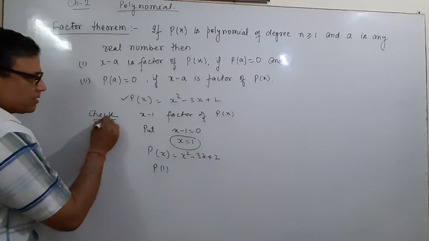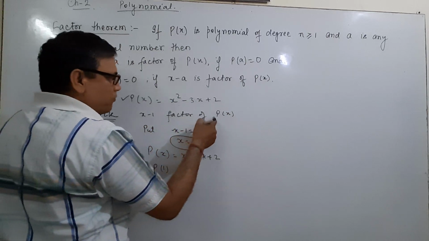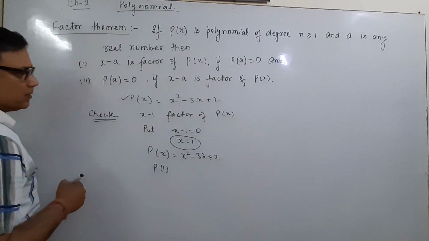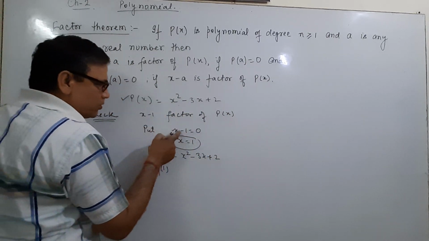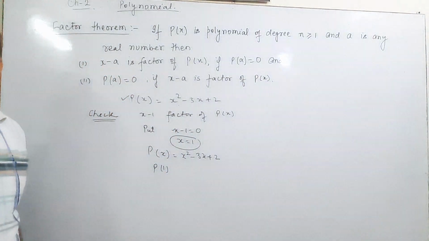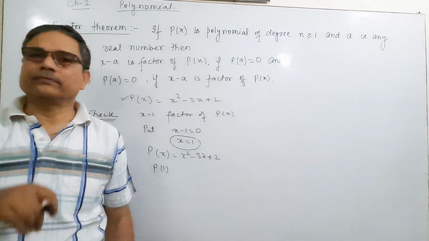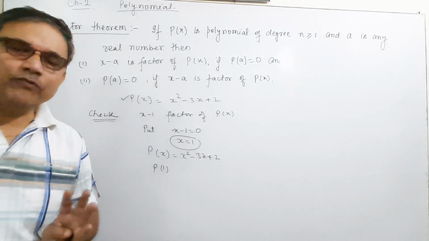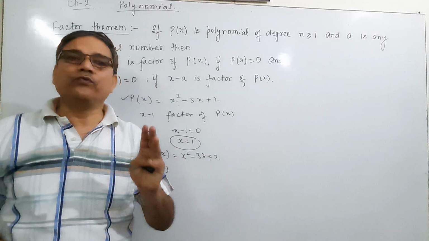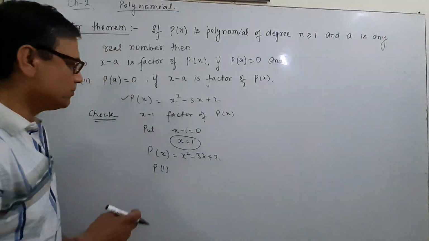We have to check whether x minus 1 is a factor of p(x). We put x minus 1 equal to 0, then x equals 1. We have to find the remainder, and to find the remainder we have to apply the Remainder Theorem.